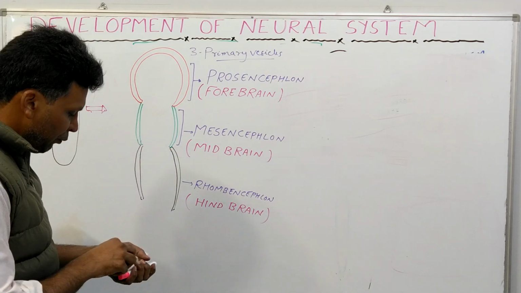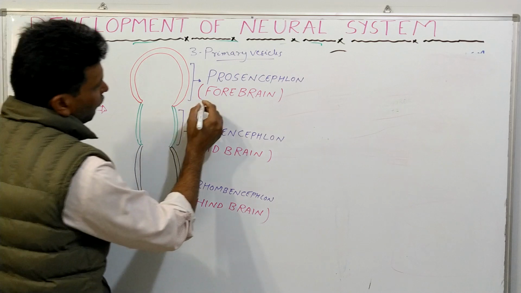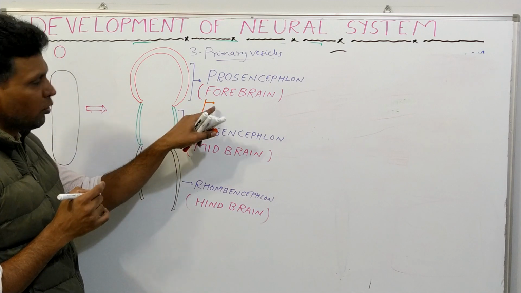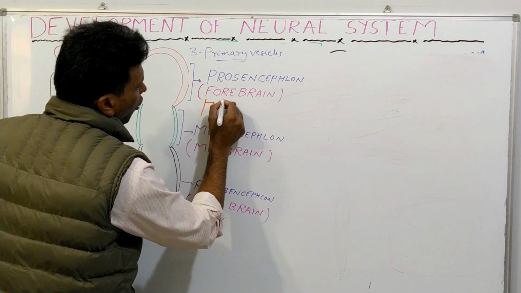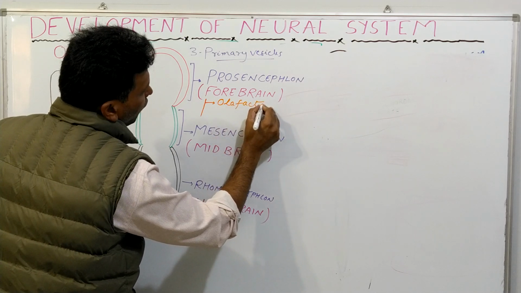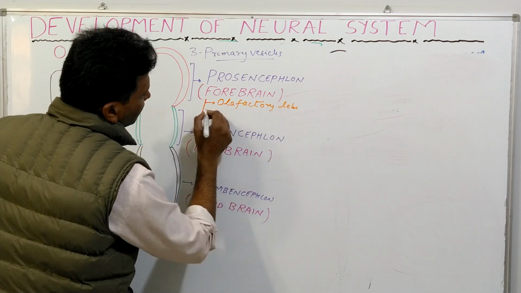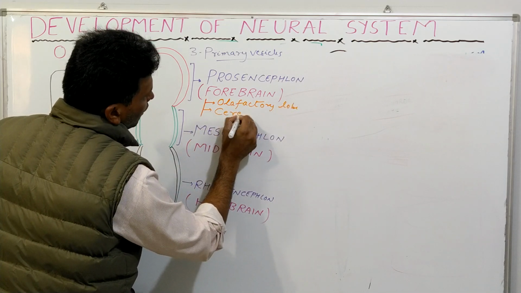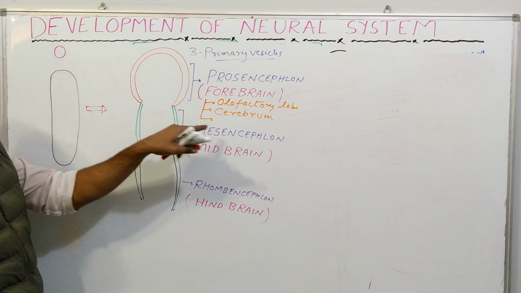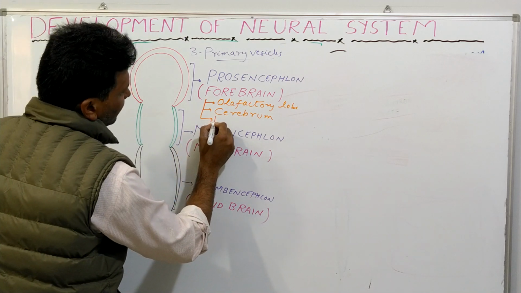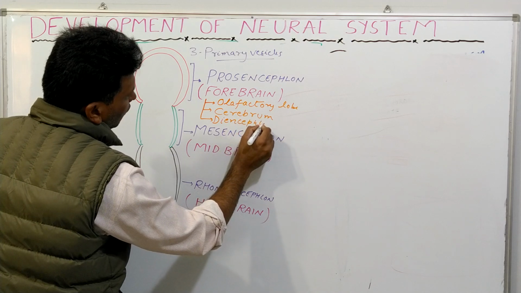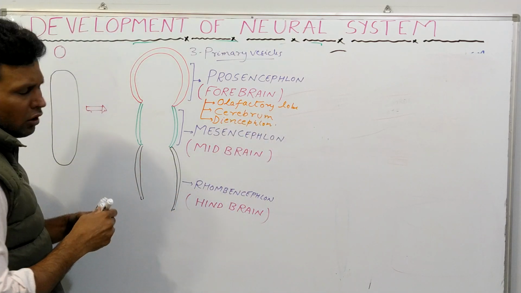Now, another very important point you need to remember: later on, in the forebrain there will be the olfactory lobe, cerebrum, and the important structure diencephalon. This you need to remember. Later on I will go into detail.